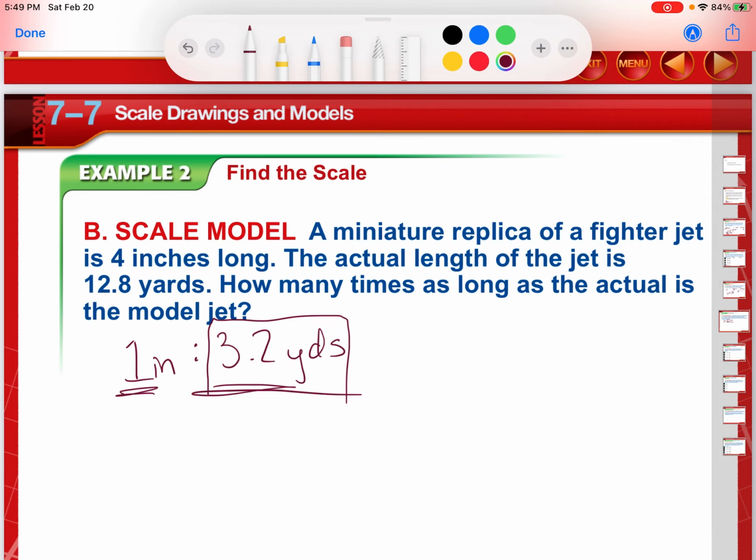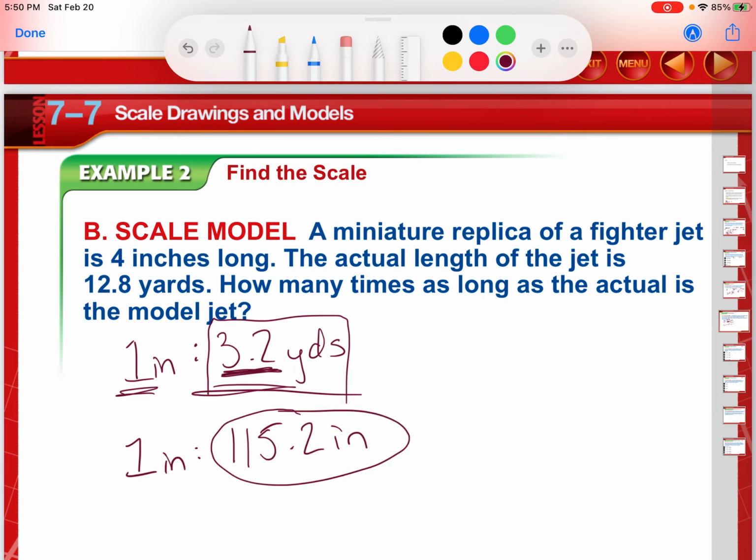So what we need to do to figure out how much bigger the actual plane is, we have to get this right side, this 3.2, and convert that into inches. So all we're going to do is say 3.2 times 36 because there's 36 inches in a yard. So we're getting that to the same unit of measurement. So we're saying 1 inch on this replica is going to equal 115.2 inches on the real deal.